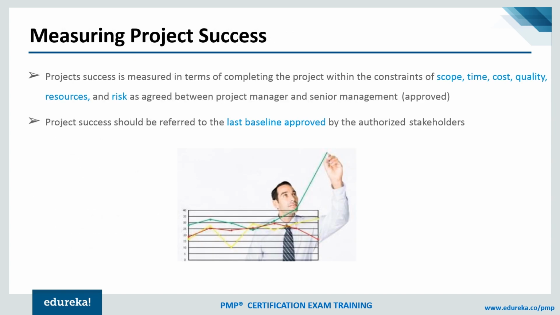Okay, and the last topic from this section is measuring project success. We talked in the previous module about projects, programs, and portfolios. When you understand the larger structure, you will also be able to figure out which of these constraints has a high priority: scope, time, cost, quality, resource, risk.